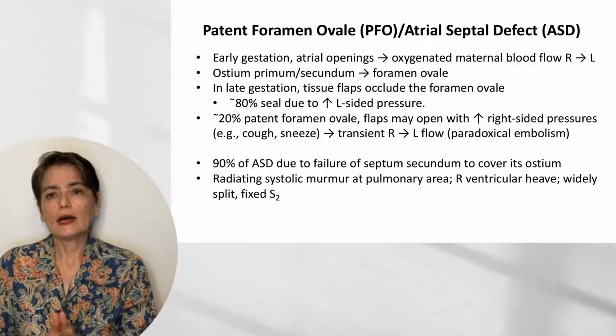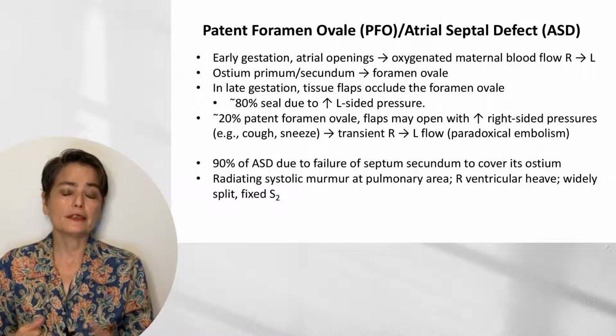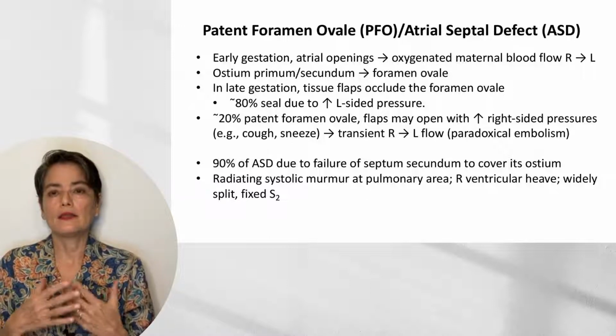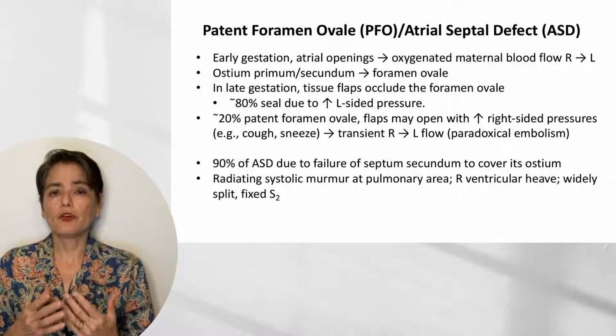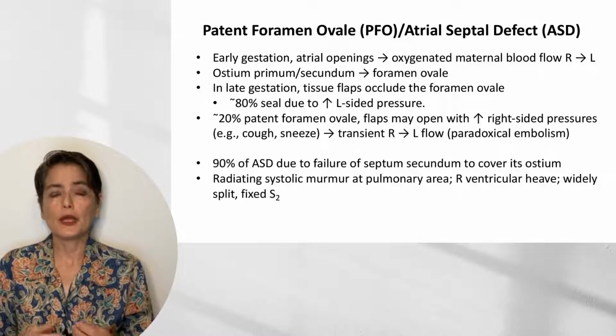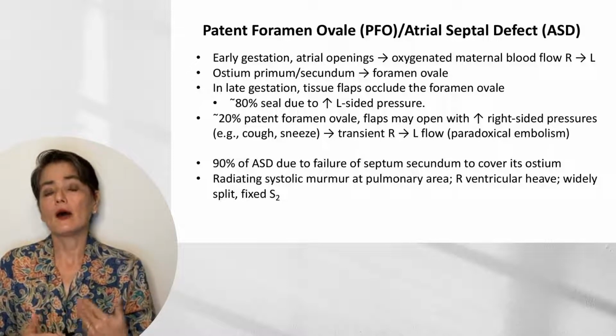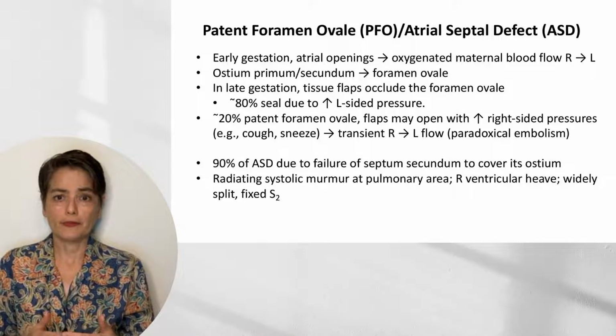So let's talk now about patent foramen ovale and atrial septal defect. Both of these are going to be in the atrial septum. Remember from what we just discussed regarding the fetal vasculature that in early gestation we have atrial openings that allow oxygenated maternal blood to flow from right to left.